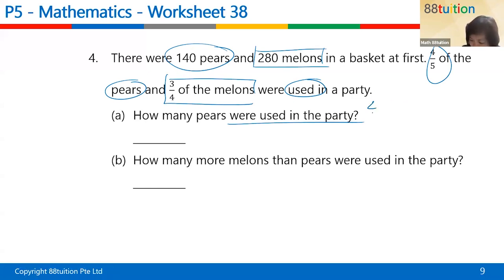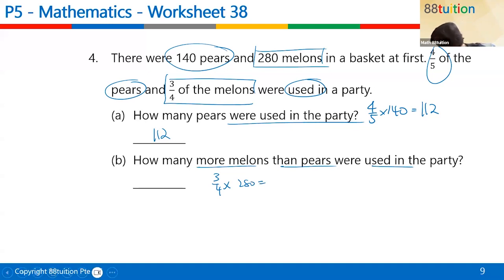That means the 4/5 multiplied by 140. So 0.8 times this will give me 112. Okay. Next question says, how many more melons than pears were used up? So that means I must find my melon first, which is 3/4 of 280, which will give me 210.